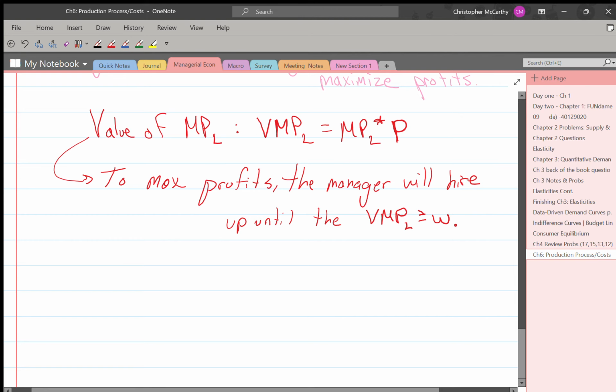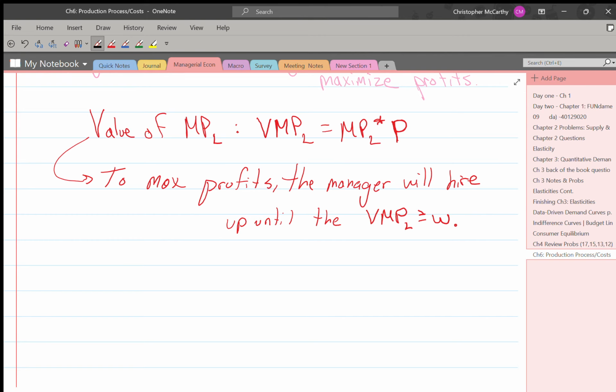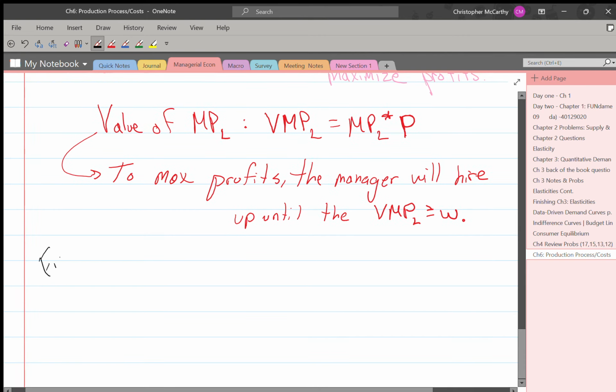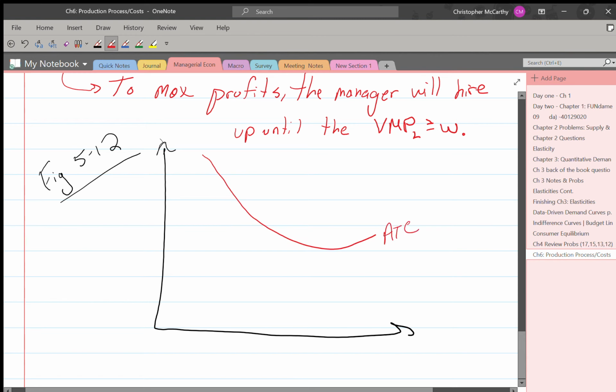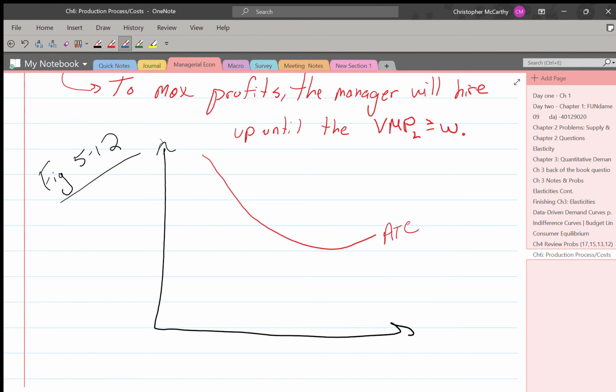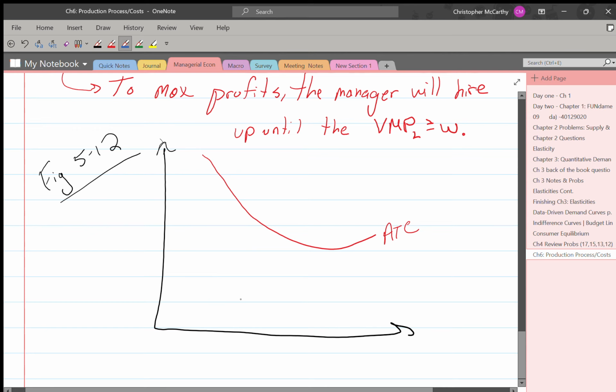So I'm just jumping ahead real quick to figure 5-12. It's talking about the relationship between the average and the marginal cost curve. And there's this little portion of the marginal cost curve, this Nike swoosh section here, and that's not a good job.